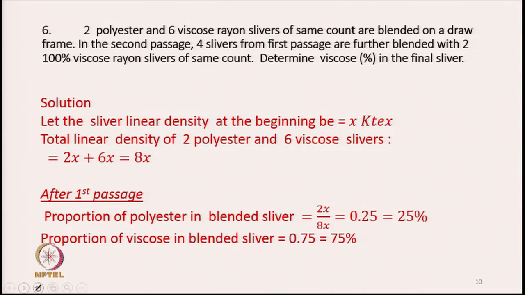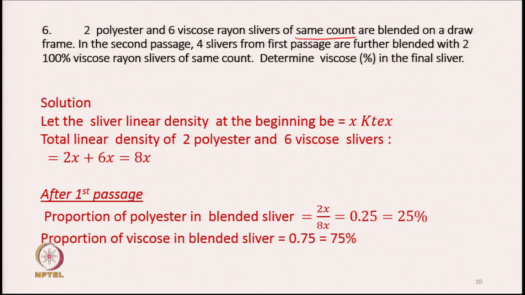So, let us assume that the sliver linear density at the beginning is x kilotex and all slivers are of the same count, that is what has been stated in the problem itself, slivers of same count. So, there is no change of count, that is to your advantage.